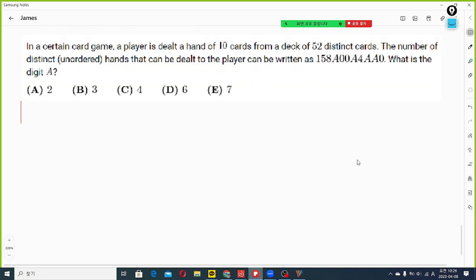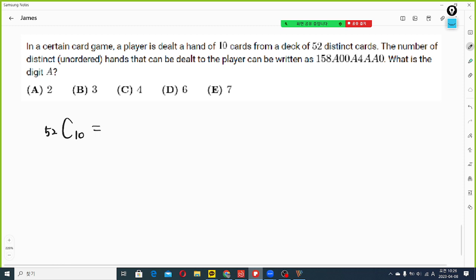I think this will be the last problem for today's class. So let's see. We are picking 10 cards from 52 cards. So we want to find the number of cases, 52 C10.